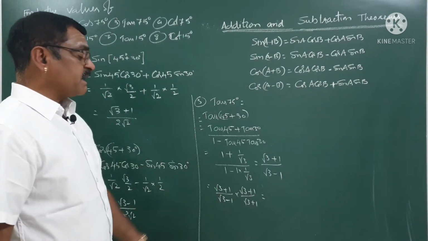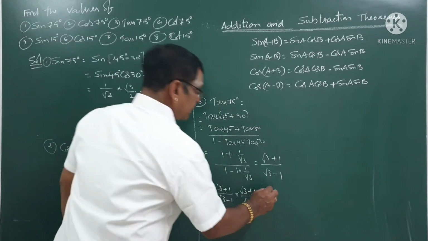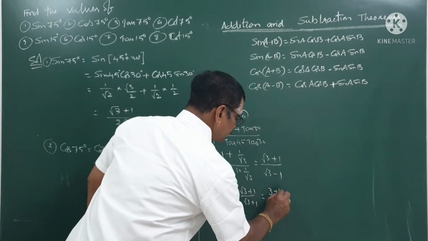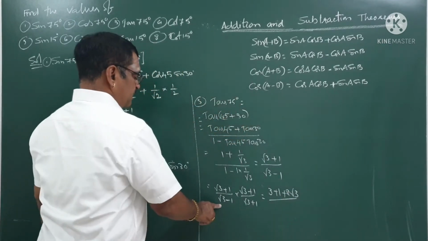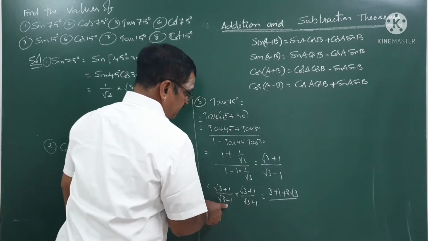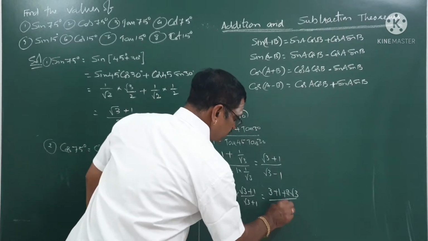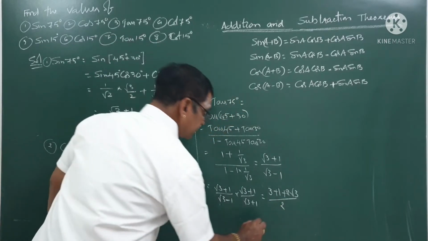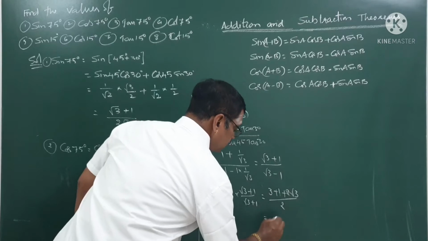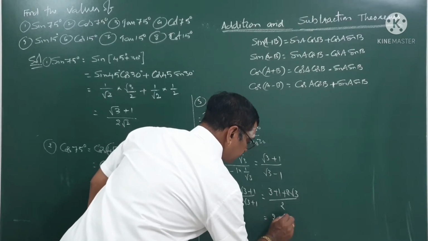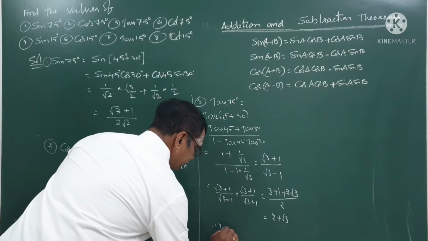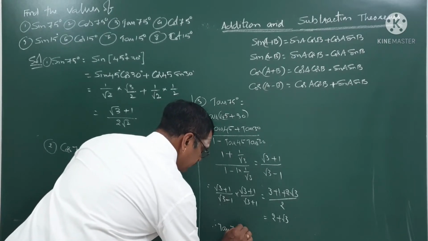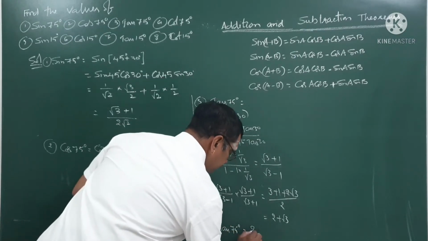So the numerator is root 3 plus 1 whole square. So we get 3 plus 1 plus 2 root 3, and this is a minus b into a plus b, root 3 square minus 1 you will get 2. On simplification we get 3 plus 1, 4, so we will get 2 plus root 3. Therefore tan 75 is equal to 2 plus root 3.